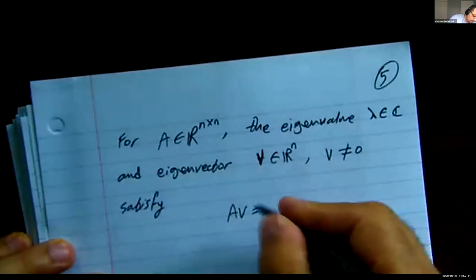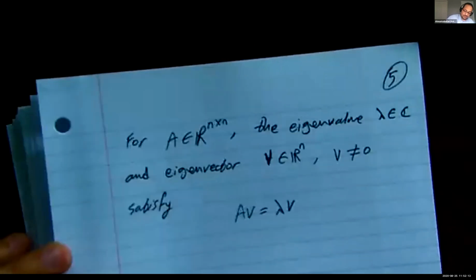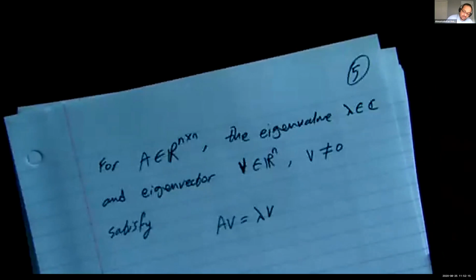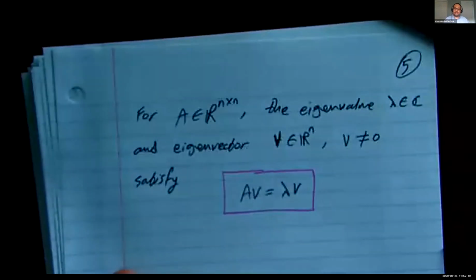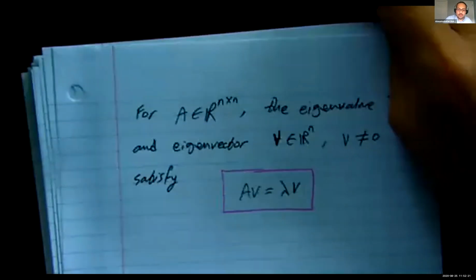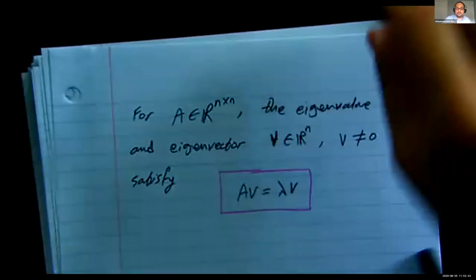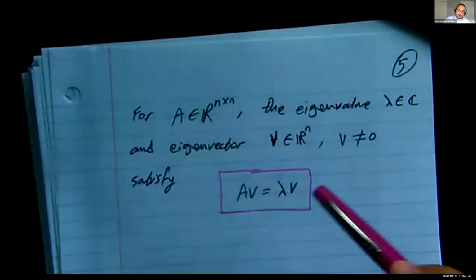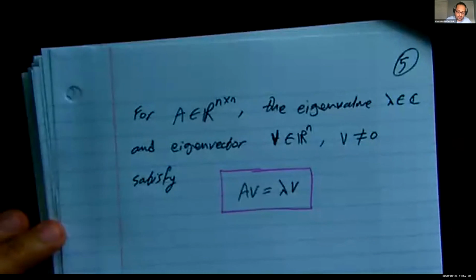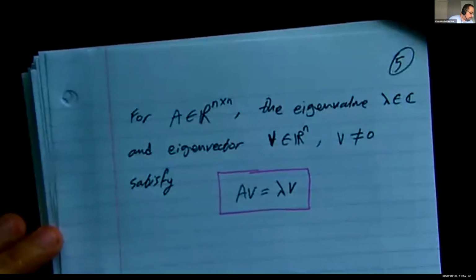AV is equal to lambda V. Okay, this is a fundamental equation for linear systems. We call this the eigenvalue eigenvector equation.